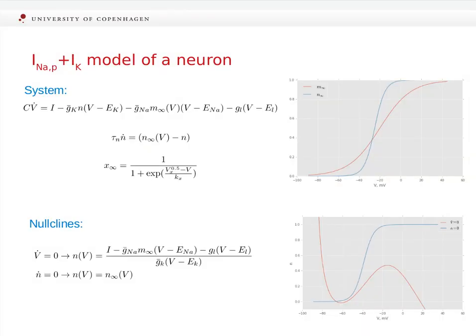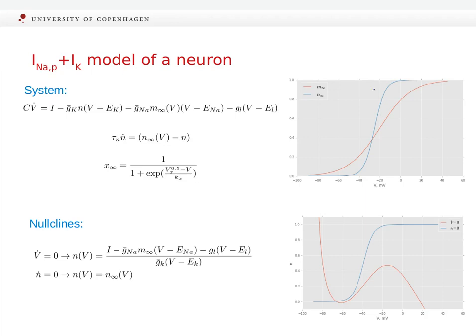So this is the model we shall use as our workhorse. We can believe it's kind of a faithful model of a neuron, but still very simple. As you can see, it employs the Hodgkin-Huxley formalism and describes two voltage-gated membrane currents.